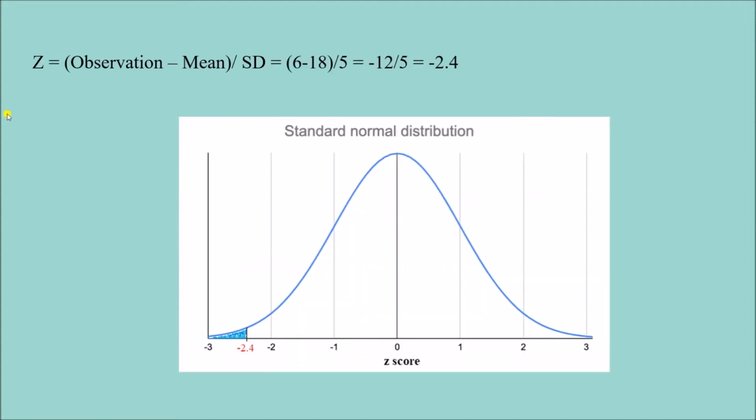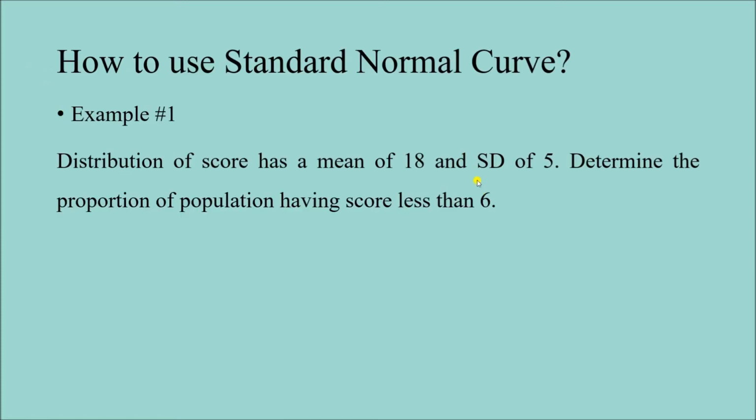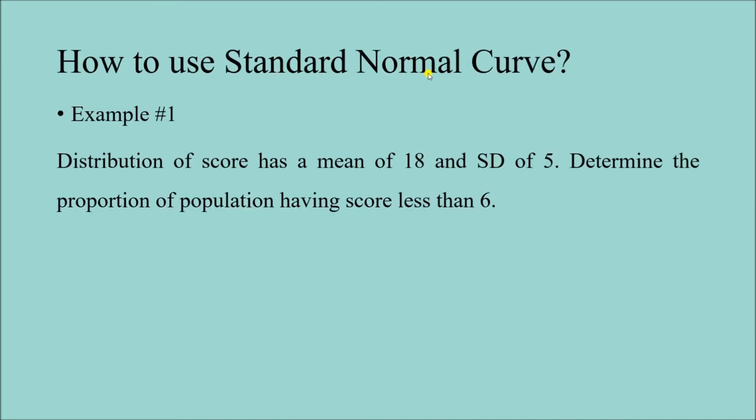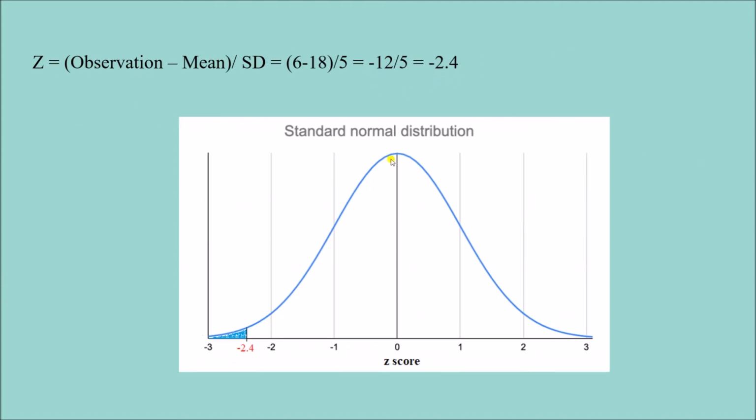For that, first we need to calculate the z value for the score 6, because we are concerned about score 6. So z value is observation minus mean divided by standard deviation. We have learned this, which comes out to be minus 2.4. As I mentioned, z score can be positive as well as negative. So in this given curve, this is the mean value 0, minus 1z, minus 2z, this is minus 3. So minus 2.4 will lie somewhere here on this curve.